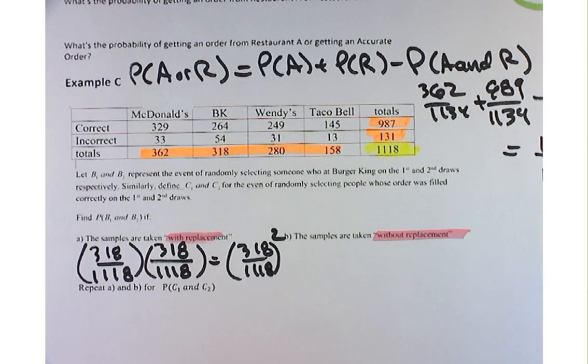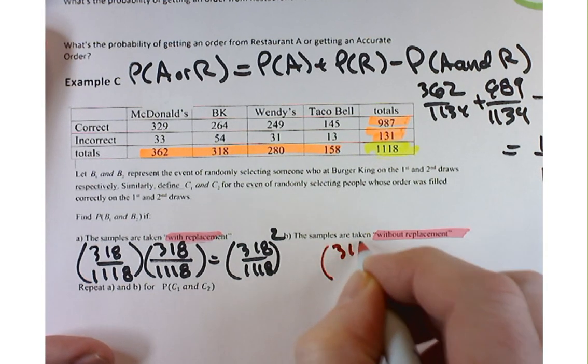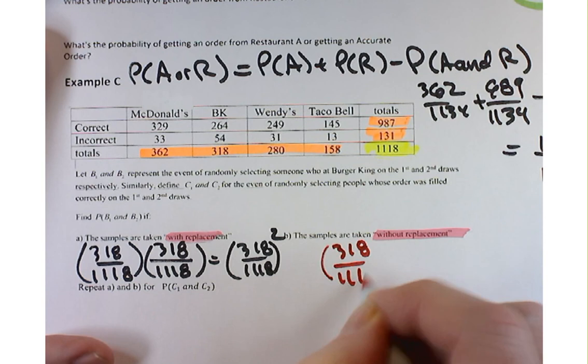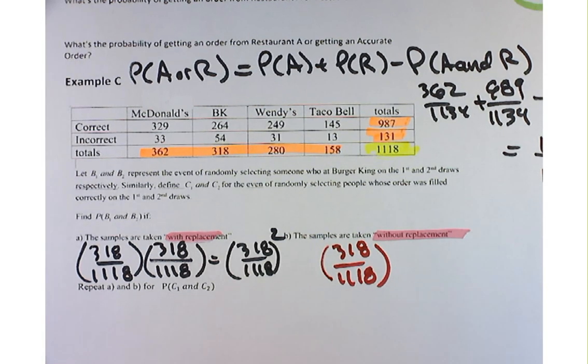Although it feels a little weird. So why would you want to poll the same person twice? And that's a legitimate complaint. So let's look at this probability another way. We're going to sample, so 318 over 1,118. But this time we're sampling without replacement. So we look at that one, we set it aside.